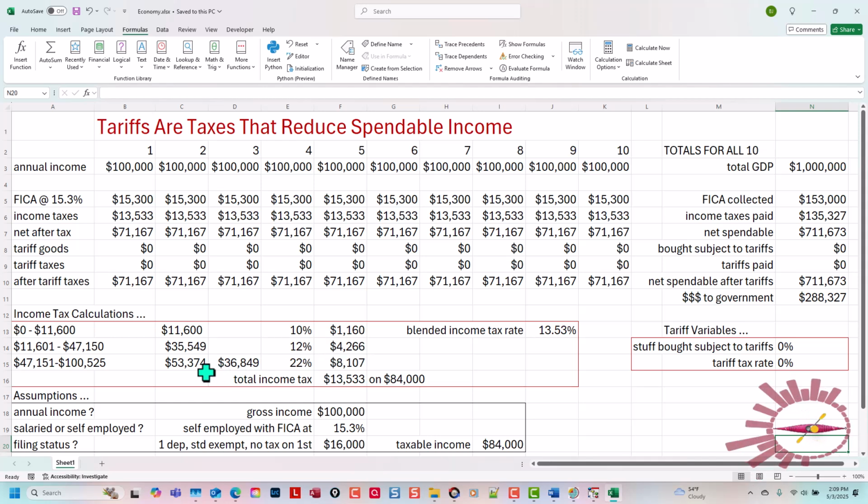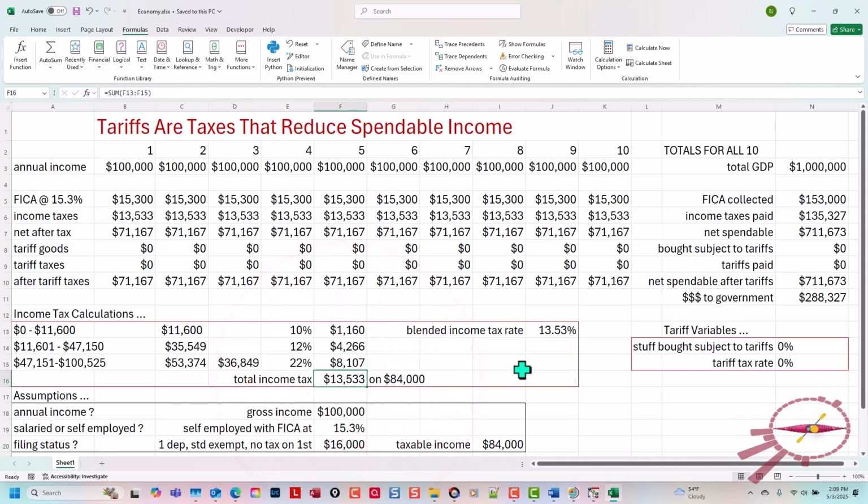For income above $47,151, taxable income all the way up to $100,525, you'll pay 22%. In our example, because there's only $84,000 of taxable income, the tax due on that block of $36,849 was $8,107.